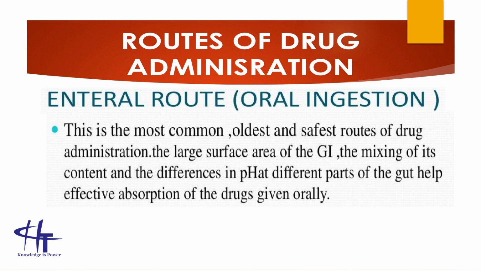But we also have it mixing with different content, like for example food. When you swallow this medication, there are some that are given with food, and so there will be mixing of this drug with food, and so it will be influenced by so many things, pH among others, as it moves along the GIT. And some of these changes, like for example the pH, can facilitate its absorption along the GIT.